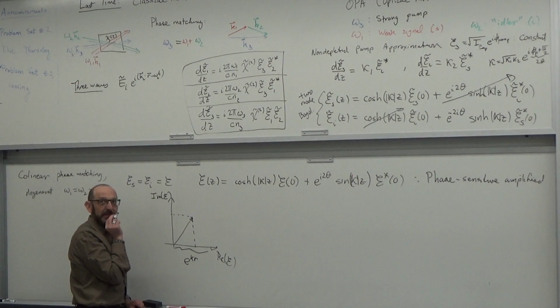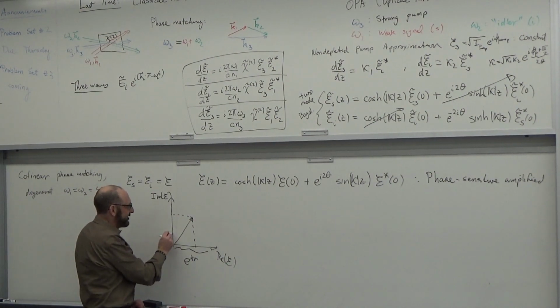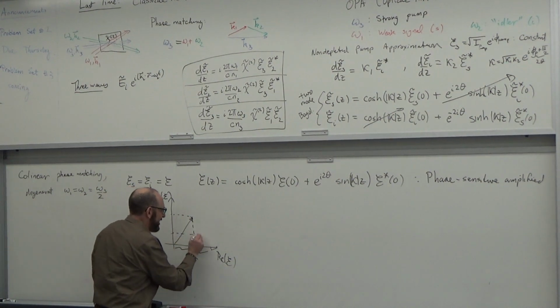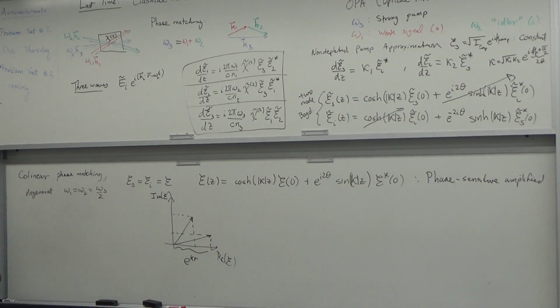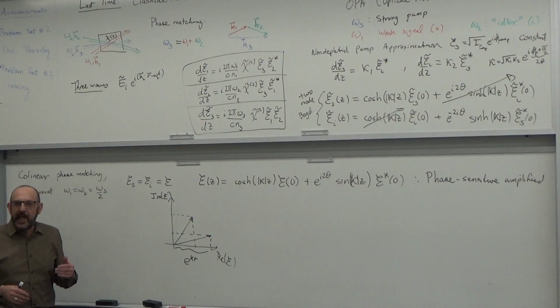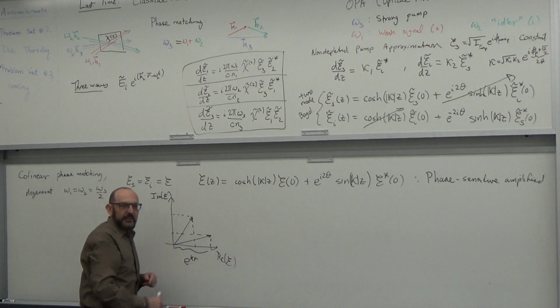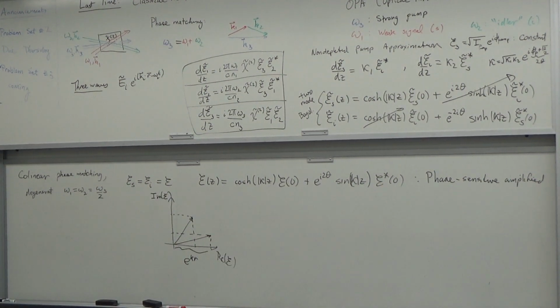So the output would look like that. That would be an example of a phase-sensitive amplifier. One quadrature is stretched and the other quadrature is de-amplified.